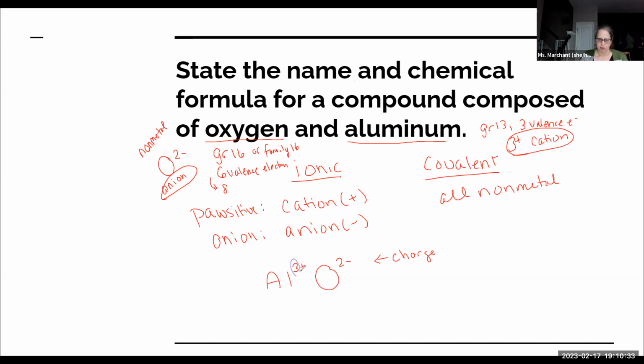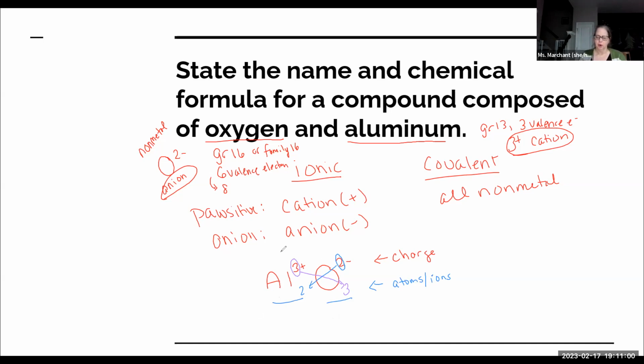You take the absolute value, or just the number, and you give it to the subscript of the other one. Same thing, take the absolute value, and that subscript goes over there. Those subscripts tell me how many ions we have of each substance. So we have 2 aluminum cations to balance out 3 oxygen anions.